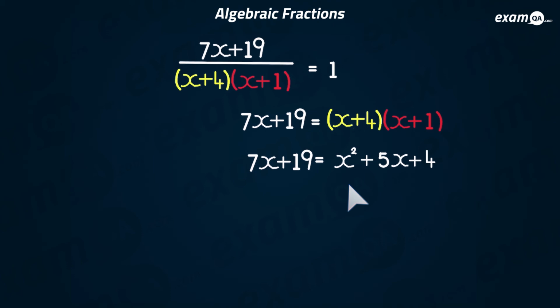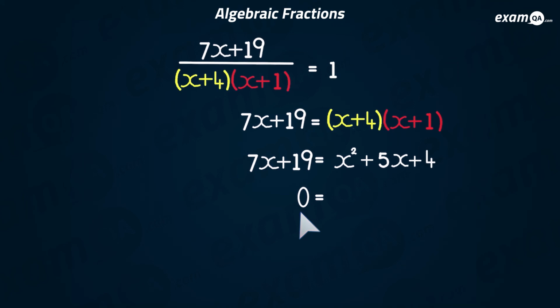And remember, when you're solving quadratics, you always move everything to one side and make it equal to 0. So let's do that. We'll move the 7x plus 19 to the other side by minusing 7x and minusing 19 from both sides. So it's gone from the left hand side.